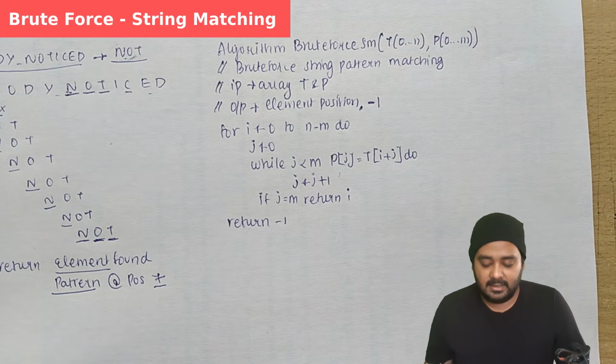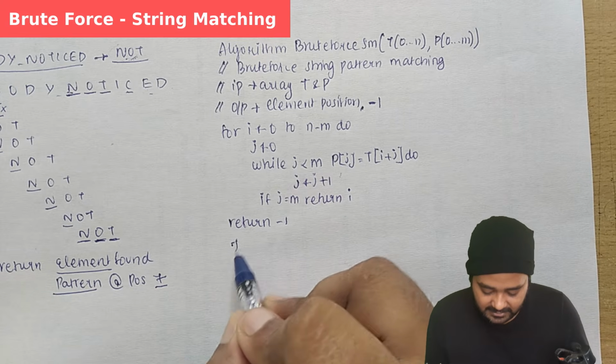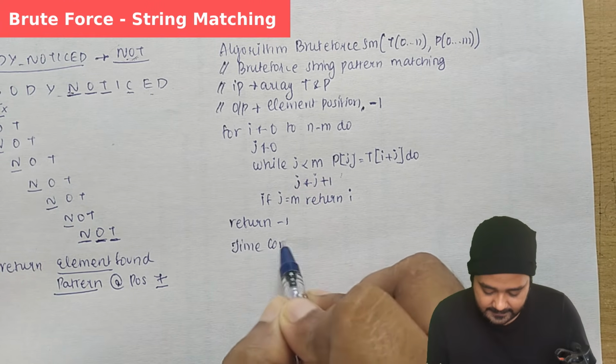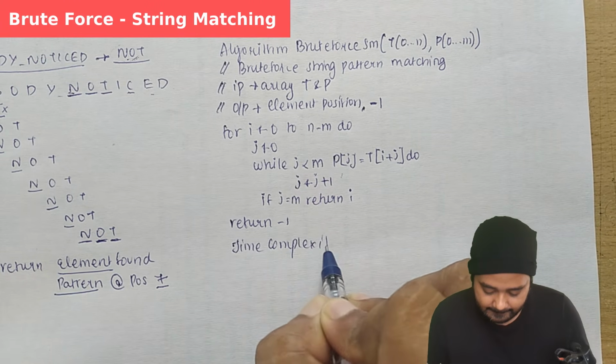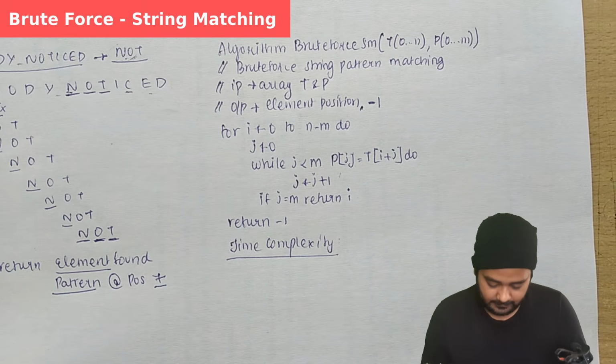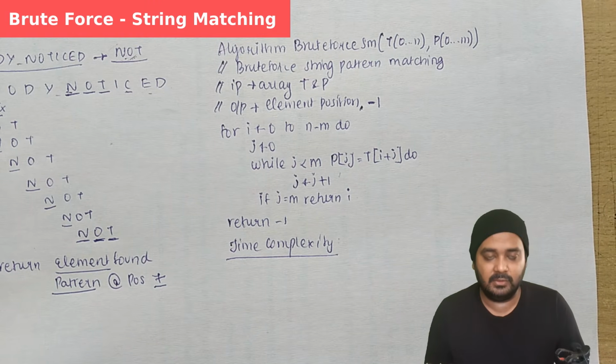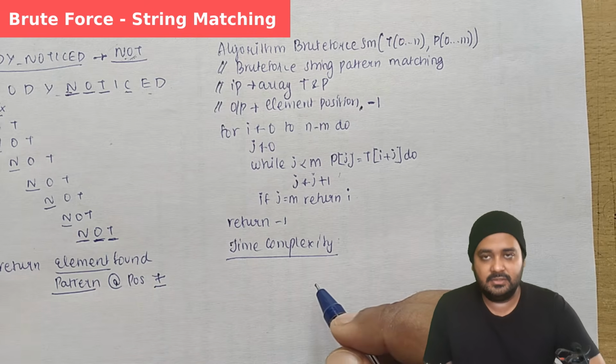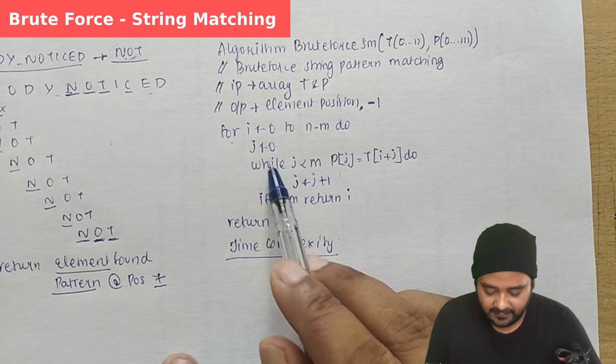Now let's look at the time complexity. We have a couple of iterations.